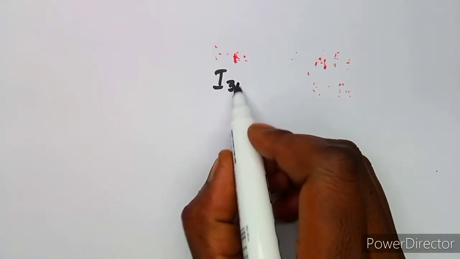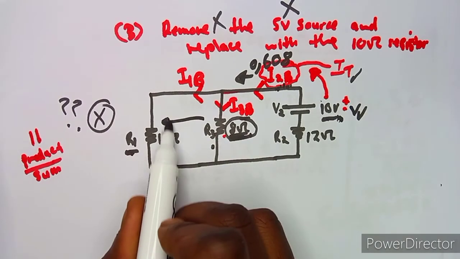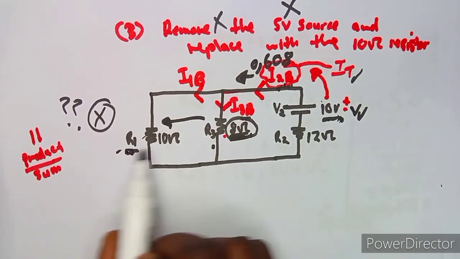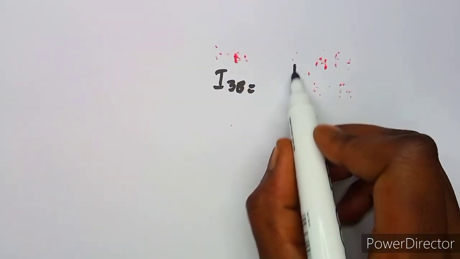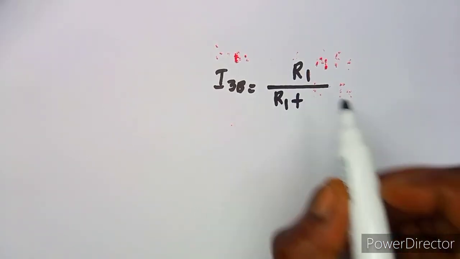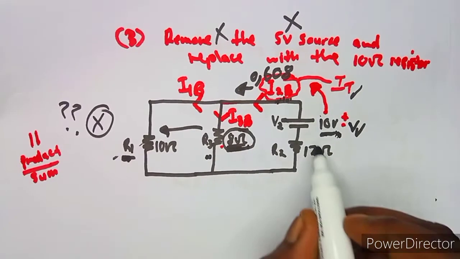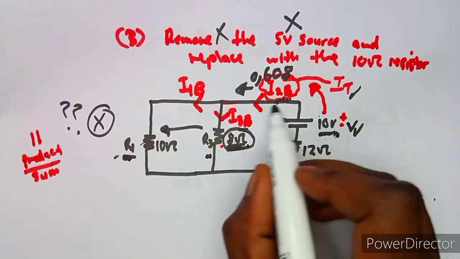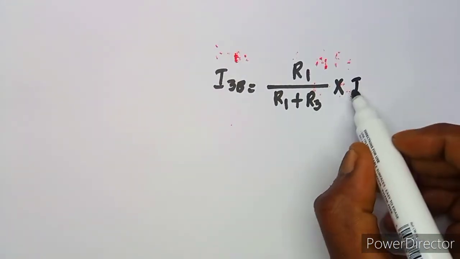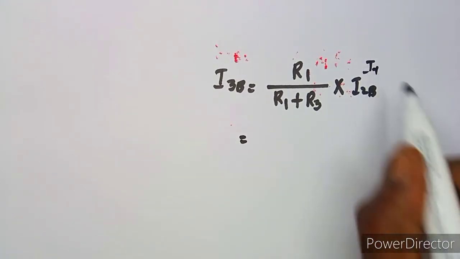So it's going to be I3B, which is you take the opposite resistor on top, which is R1 over the sum of the resistors, which is R1 plus R3, times the total current, which is the supply current, which is I2B in this case. This is your supply current, which is the total current.